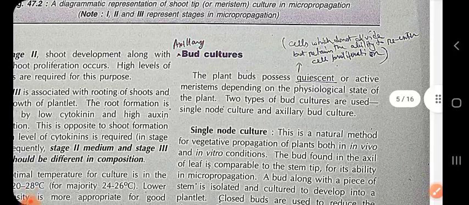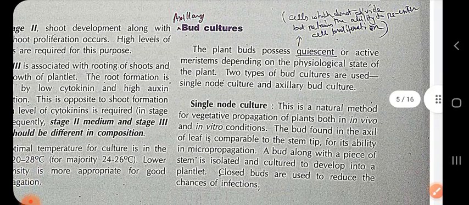Next is axillary bud culture. Axillary buds are those plant buds which possess quiescent or active meristems. Quiescent means cells which do not divide, but they retain their ability to re-enter cell proliferation. So they don't divide, but they have the ability to re-enter the cell proliferation stage.